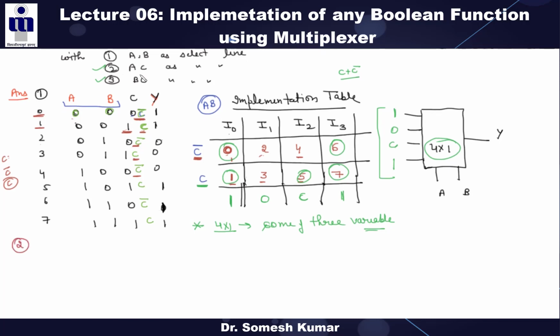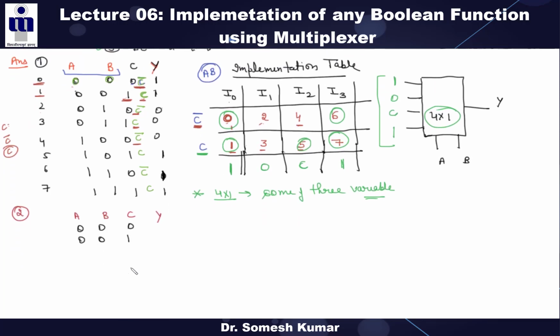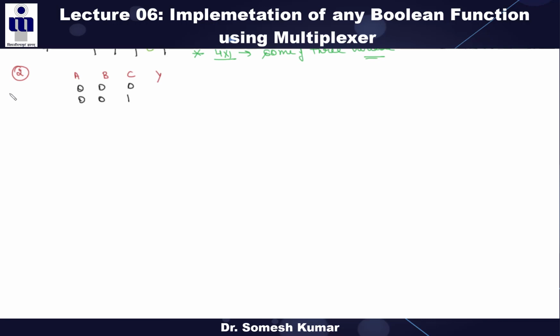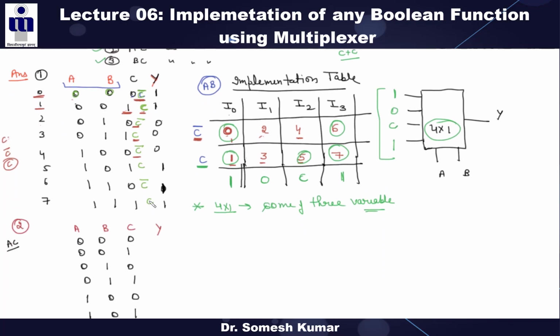Now it is given AC as select lines, right? So again I am drawing the truth table here. So, come to this point, and here it is given AC as the select lines, right? So this is the truth table, and here it is given which one is the function: 0, 1, 5, 6, 7, right?